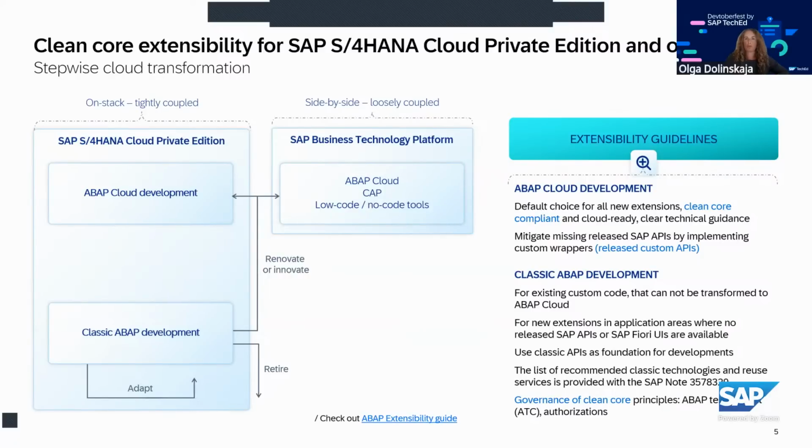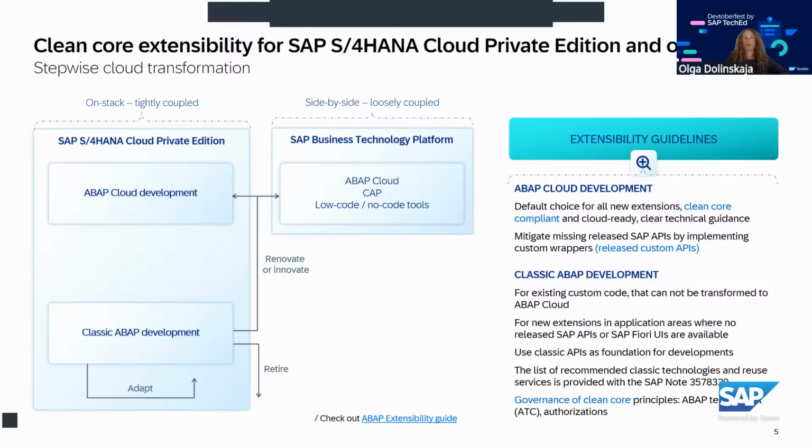Of course, there are different options how to deal with your classic ABAP development, how to reduce the amount of this classic ABAP development in the system. This is first the retirement of unused custom code, which is not anymore required in S/4HANA productive systems.